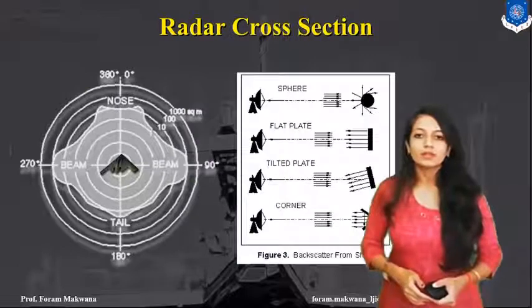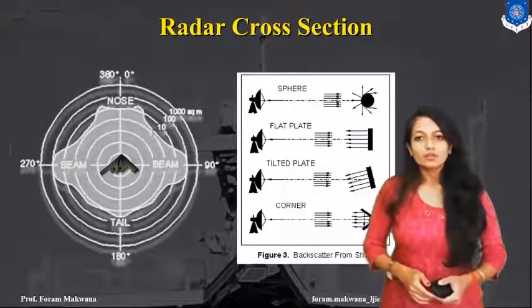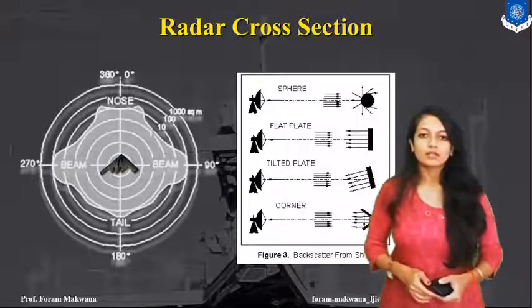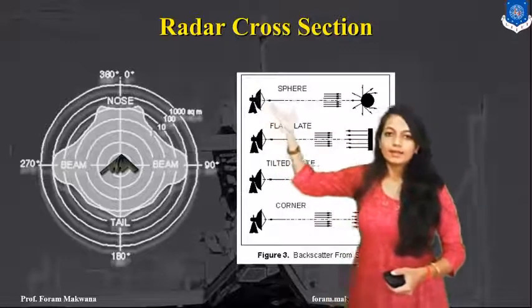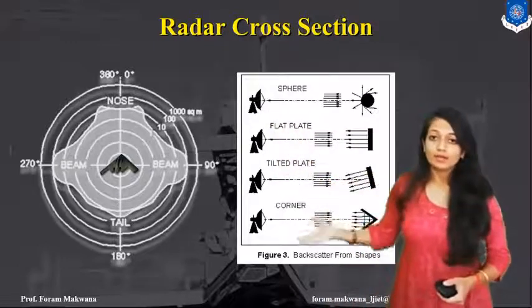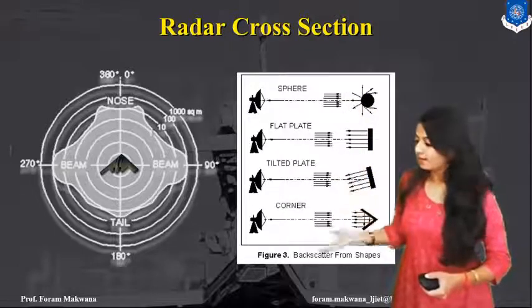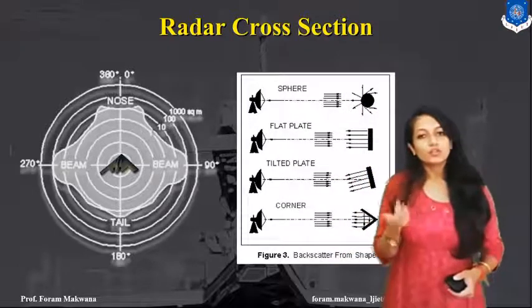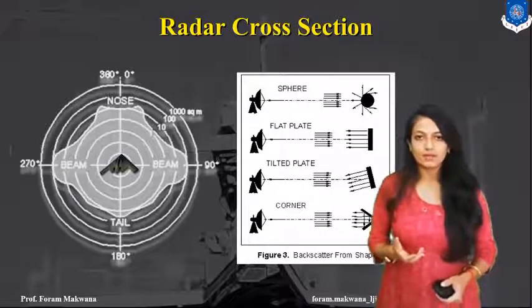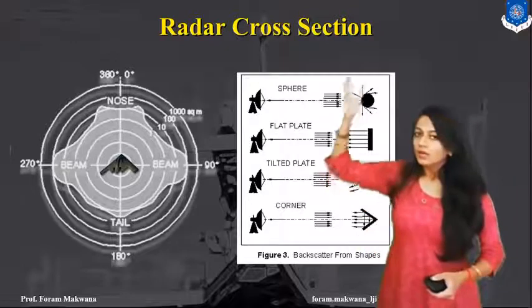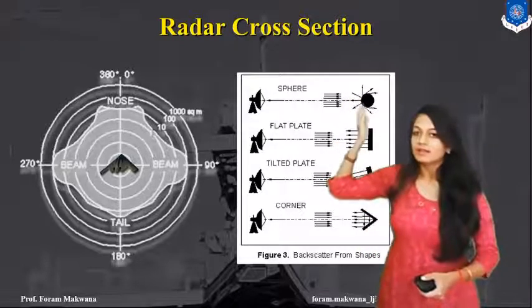Now what is radar cross section? This is our radar antenna, and based on the shape of my target, the signal is going to be reflected. The reflected signal is known as the echo signal. The first target shape is like a sphere.